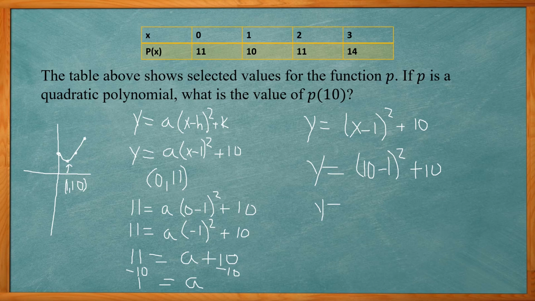So y equals 9 squared plus 10, or 81 plus 10, which comes out to be 91. So P of 10 is equal to 91.